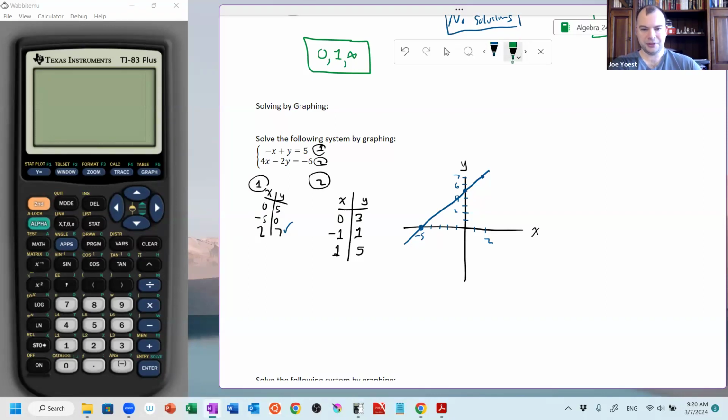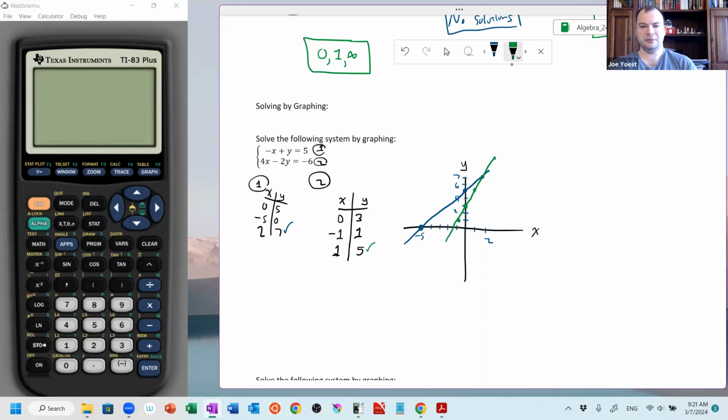I'll graph equation 2. When x is 0, y is 3. When x is -1, y is 1. If I plot a line through these and I get 1, 5, it kind of looks like I'm going through 2, 7 here as well.